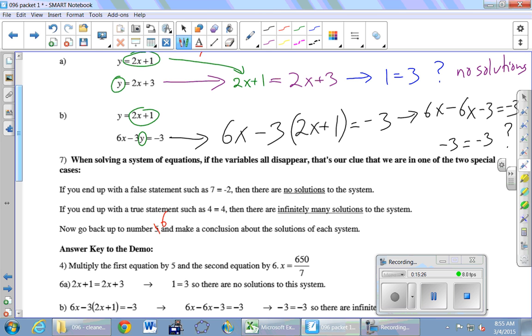Because 1 equals 3 is a false statement. But in part B, the conclusion here at the end was -3 equals -3, which is definitely a true statement. So what's the conclusion here? It's infinitely many solutions.